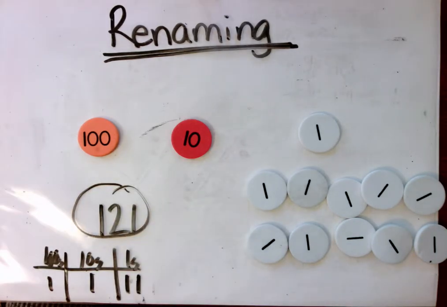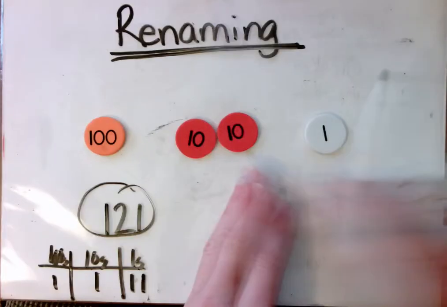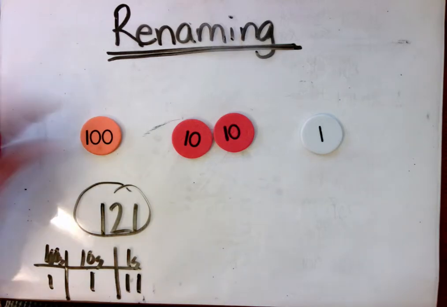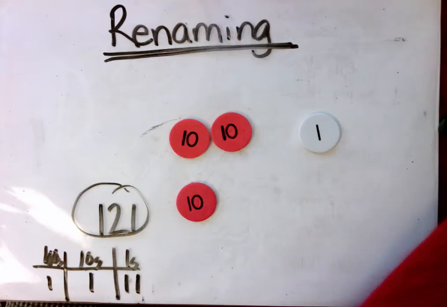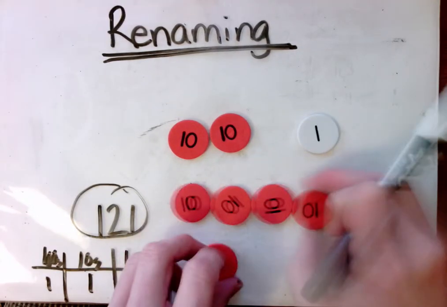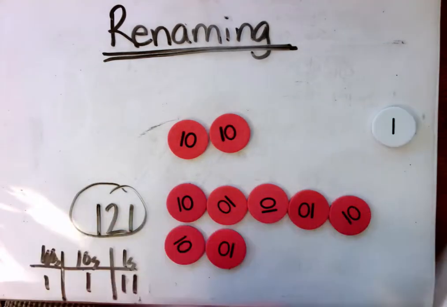I could even have, let's imagine I go back to 121 in my simplest form, 10 tens in place of this 100, so that I have 12 tens instead of having 100.